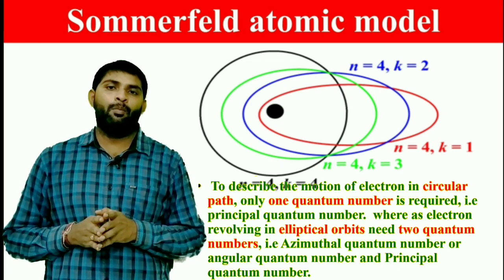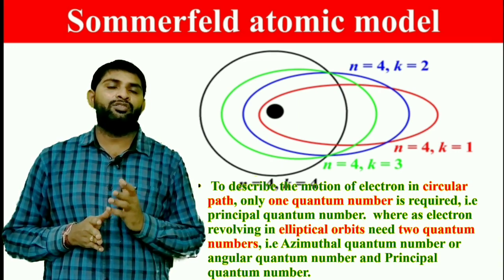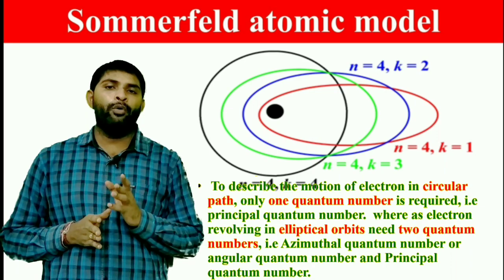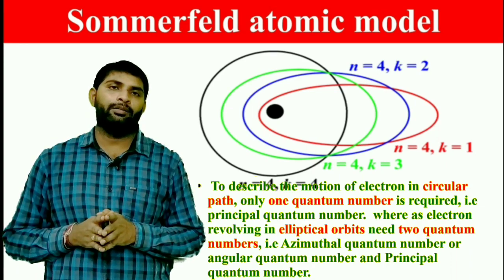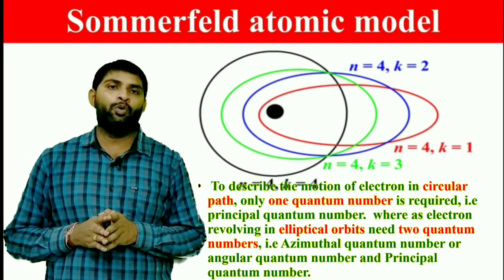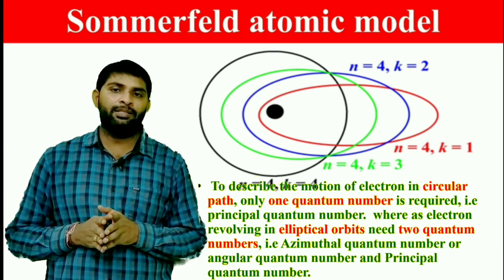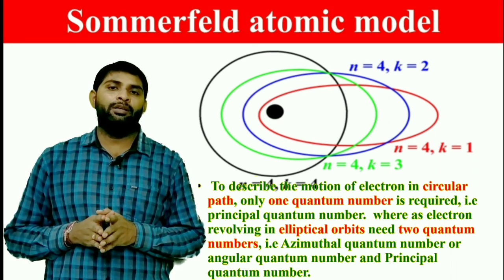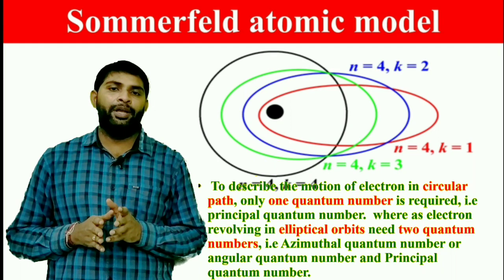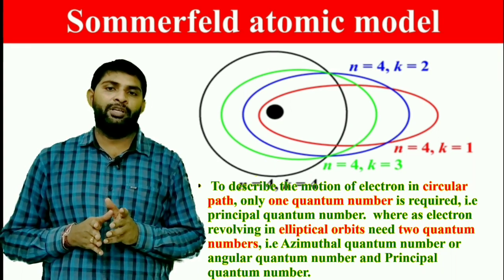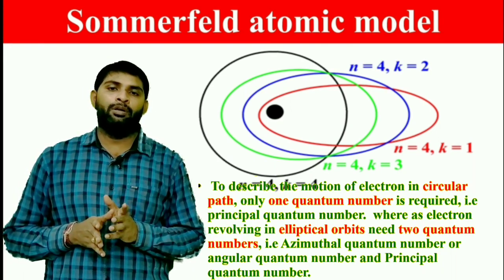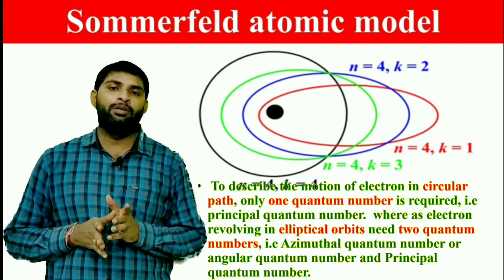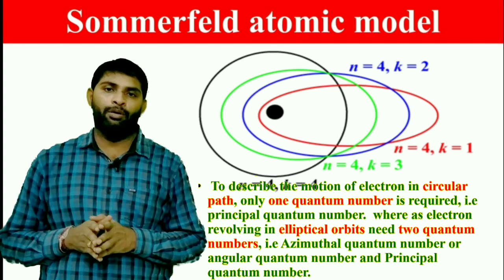To describe the motion of an electron in a circular path, only one quantum number is required, the principal quantum number, whereas an electron revolving in elliptical orbits needs two quantum numbers, the azimuthal or angular quantum number and the principal quantum number.